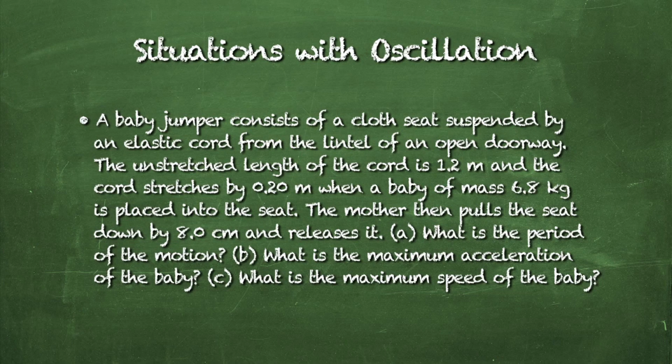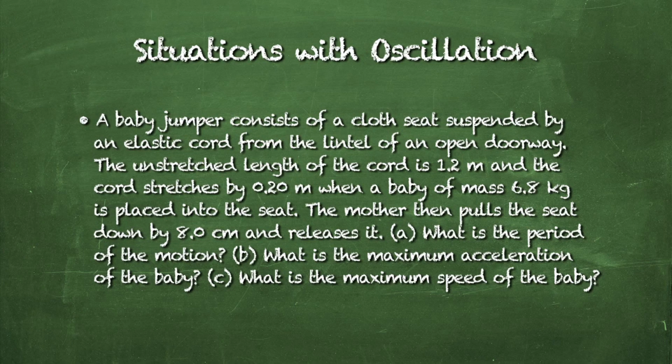Now, this situation is actually two different situations. The first is you have the unstretched cord, then you put the baby in the seat, and that stretches the cord, and we have equilibrium. So that will let you calculate the spring constant of the spring.